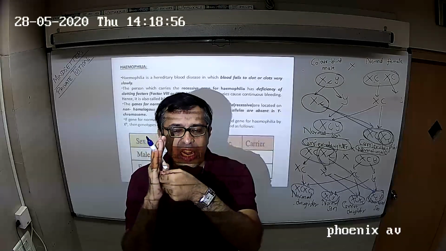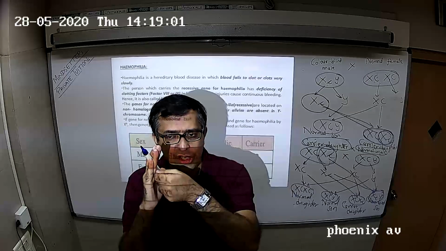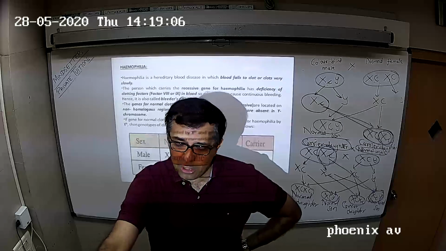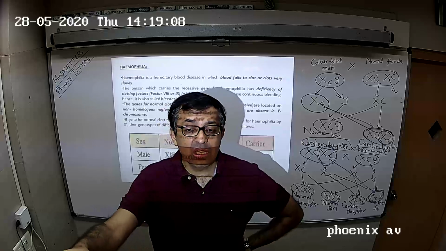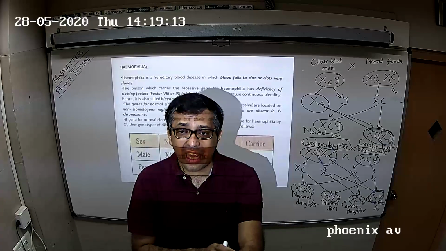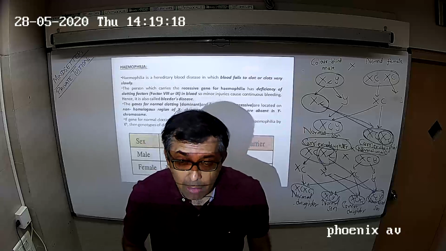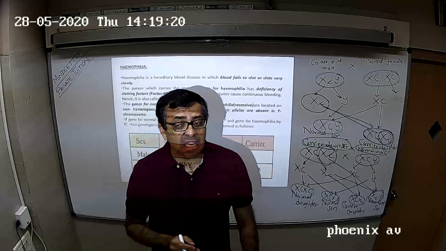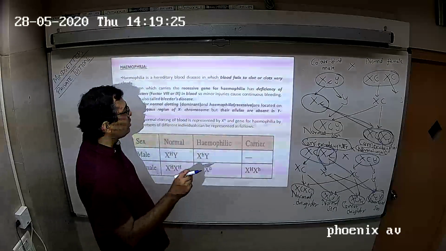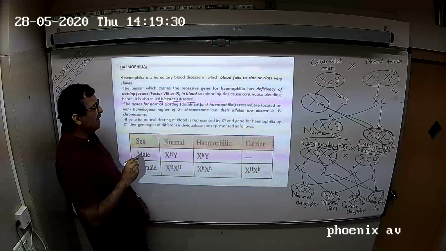If 8 का gene undergoes a mutation, or if clotting factor 9 का gene undergoes a mutation, that means in the offspring the mutated gene may express itself and the person will not develop clotting factor 8 or 9, so he will get an injury and he will bleed and bleed to death, because clotting will not take place in the absence of clotting factor 8 or 9, and that disease is called bleeder's disease. इसे bleeder's disease कहते हैं.